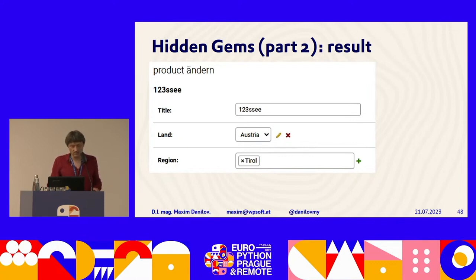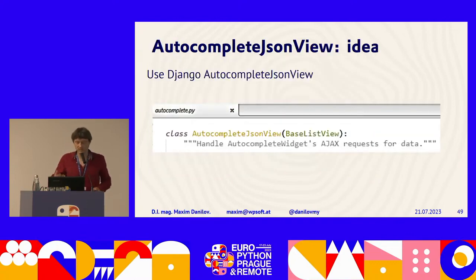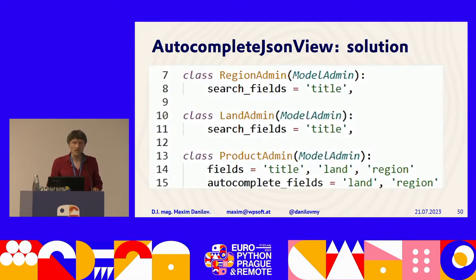This is easy, but we go deeper, to related fields with autocomplete. Autocomplete already exists in Django from 2.0, but we don't have much documentation about it.